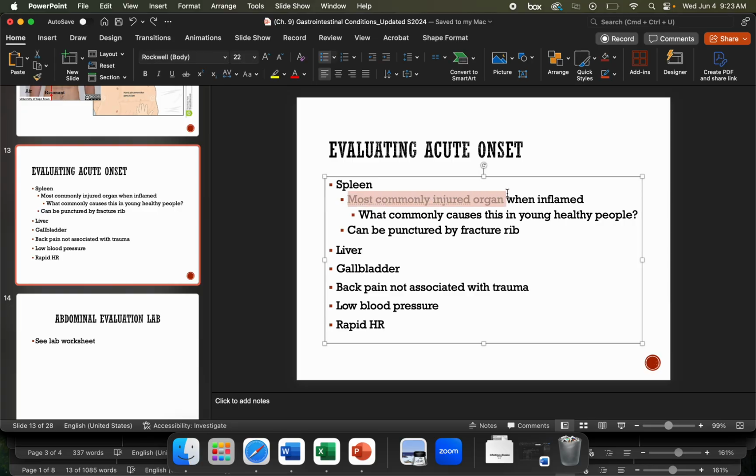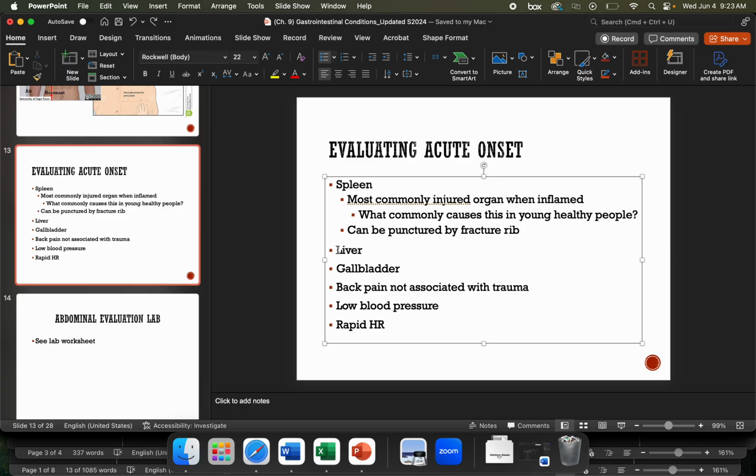The spleen can become inflamed, and if it becomes inflamed, it's pretty superficial in the left upper quadrant. When it becomes inflamed, if it takes a direct blow or a hit, it can become lacerated or ruptured. There's a question here: what commonly causes this in young, healthy people? Mono is a common cause of an inflamed spleen, okay?